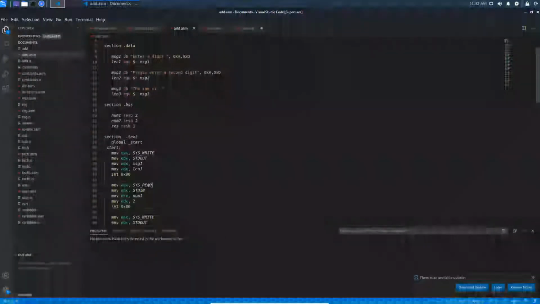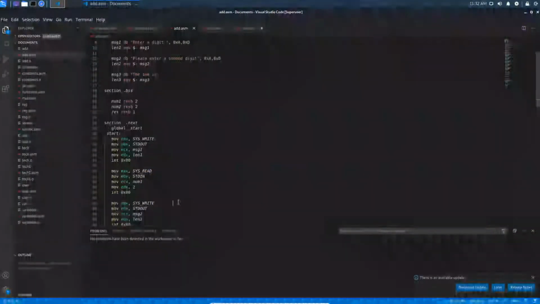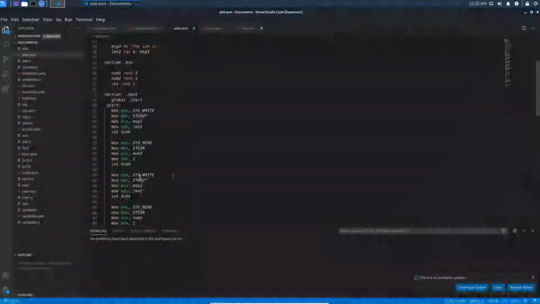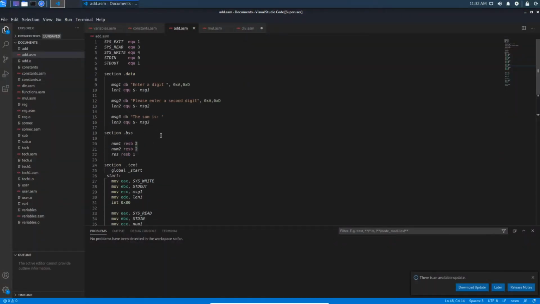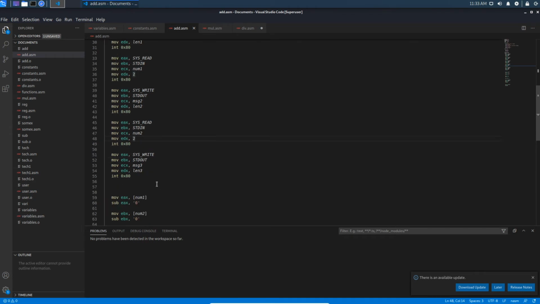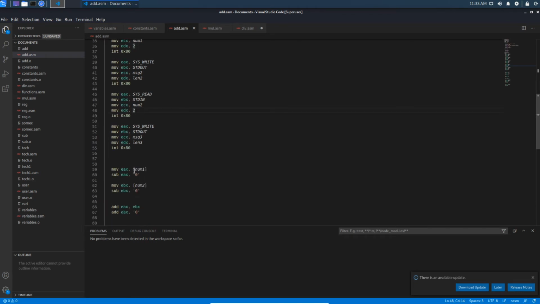The sysread system call is passed to EAX, then message 2 is printed and number 2 is read, and then the third message is written on the monitor. For calculating the result, the number is moved to the EAX register.